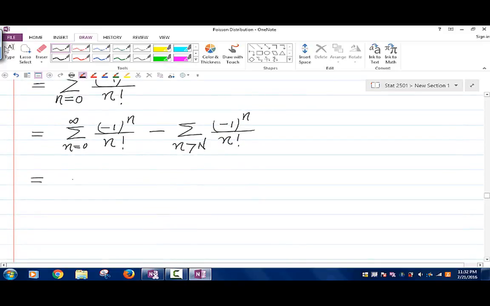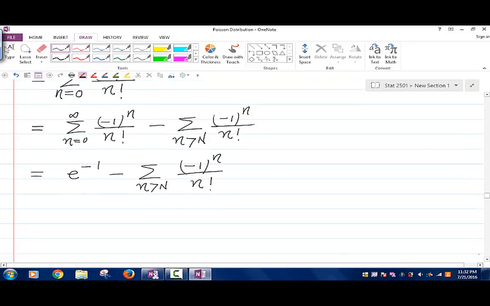Notice that the first sum is the power series representation of e^(-1). So we have e^(-1) minus the sum over n greater than N of (-1)^n over n!. So given that N is big, this quantity is approximately e^(-1). That's given that N is large enough.